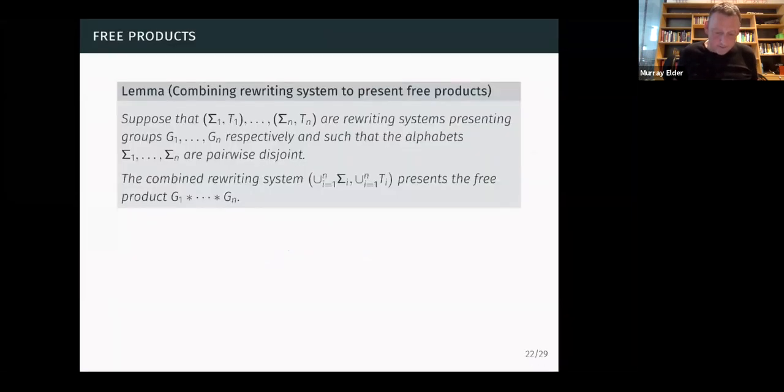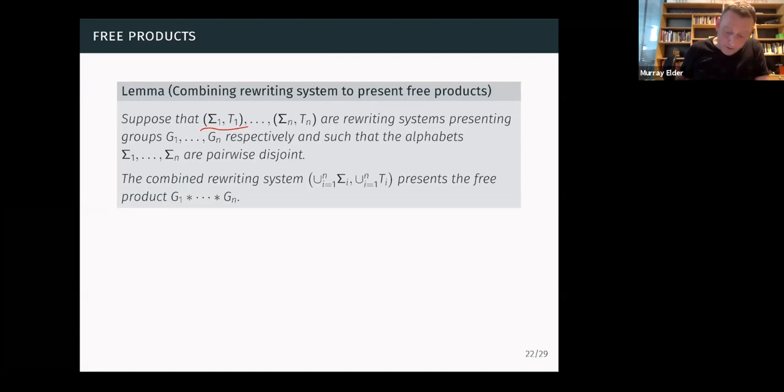Okay. So one more thing about rewriting systems for now. It's just a pretty straightforward lemma for people to prove. Suppose you've got a whole bunch of rewriting systems over disjoint alphabets, and they all present different groups.